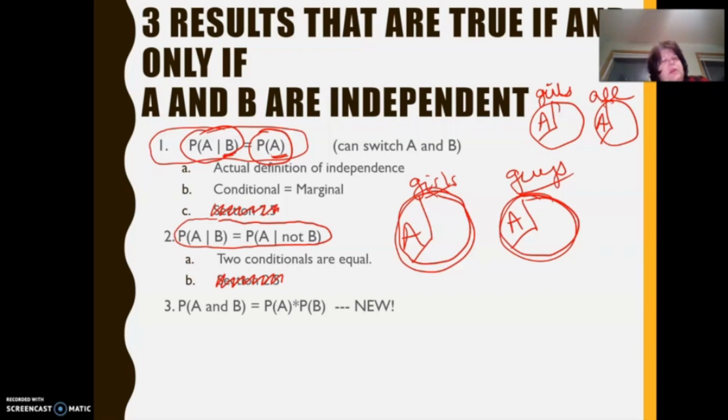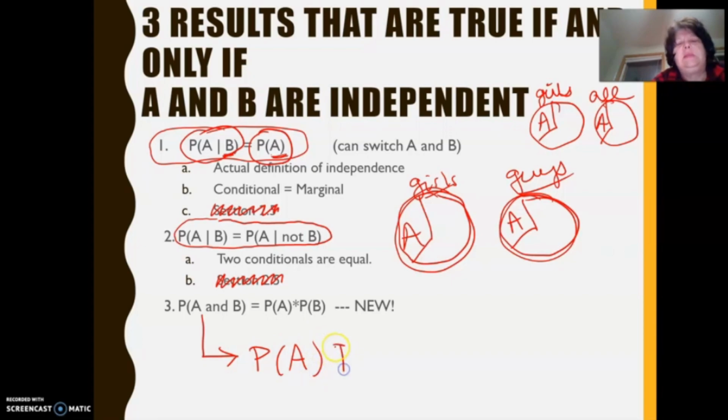And the last thing is that P of A and B is P of A times P of B, and this is a new result. And mainly you're using it once you know things are independent. It makes it easier to find P of A and B, because remember the multiplication rule is P of A and B is P of A first times P of B given A. But if A and B are independent, this one just becomes P of B by itself.